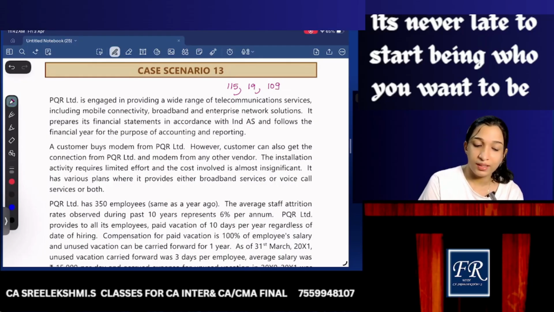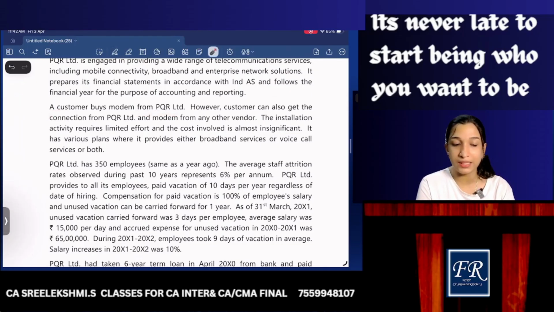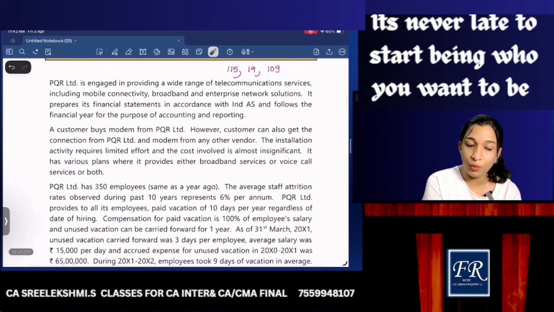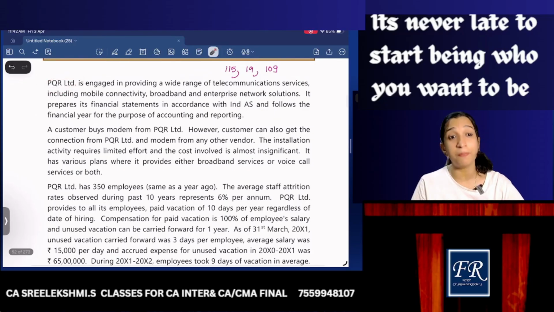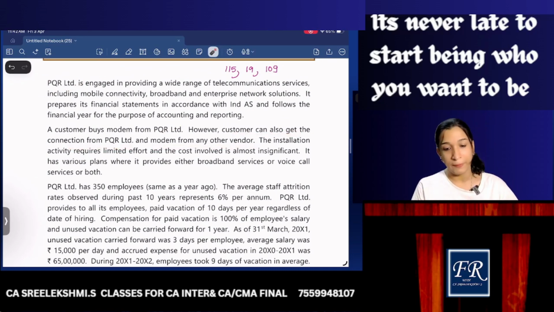So, first one. The customer buys modem from PQR Limited. So PQR Limited is the entity. However, the customer can also get the connection from PQR and the modem from any other vendor. The installation activity requires limited effort and the cost involved is almost insignificant.